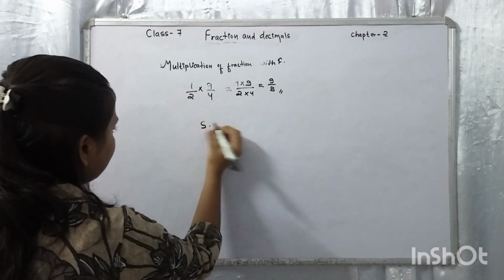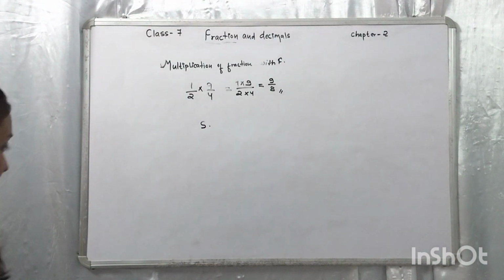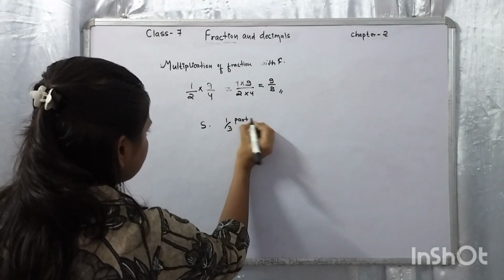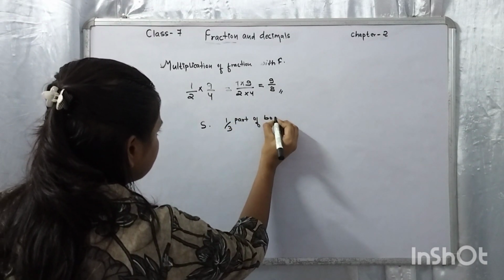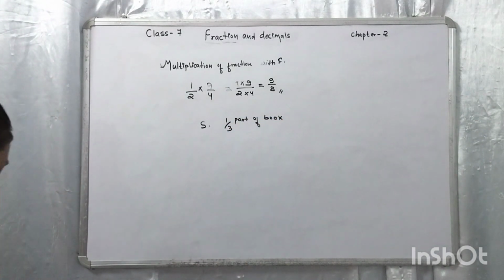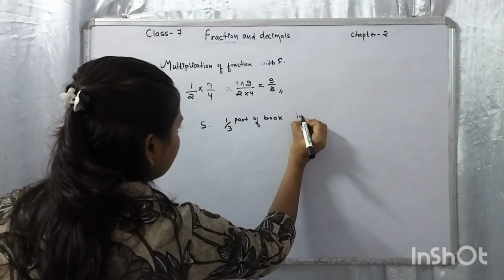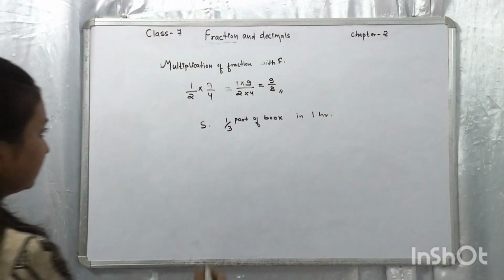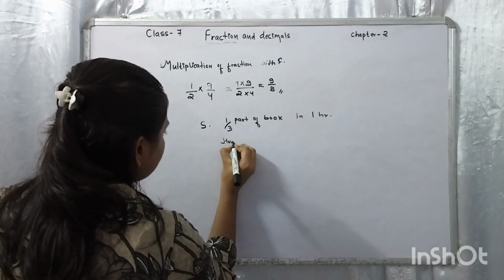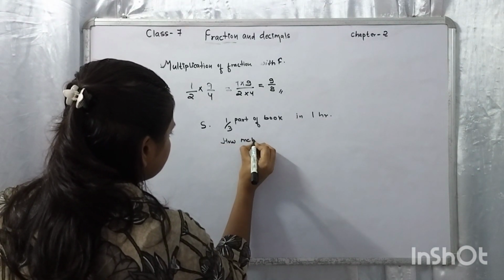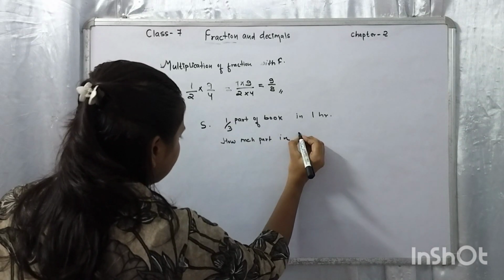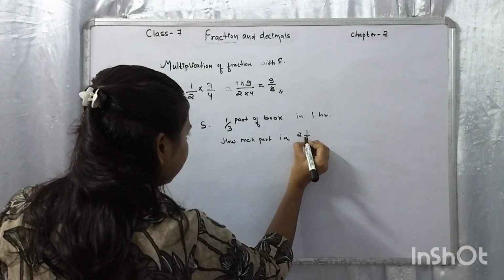There is one guy named Sushant who reads 1/3 part of a book in 1 hour. Fine. So how much part will he read in 2 1 by 5 hours?